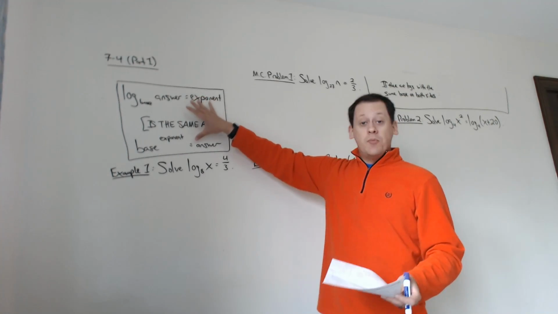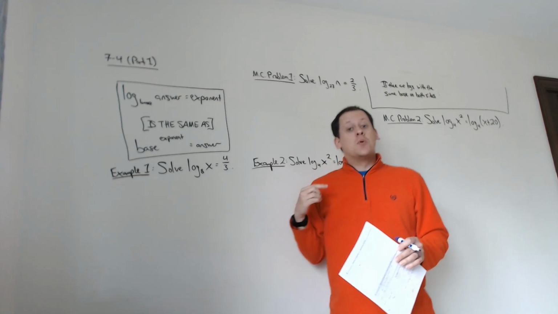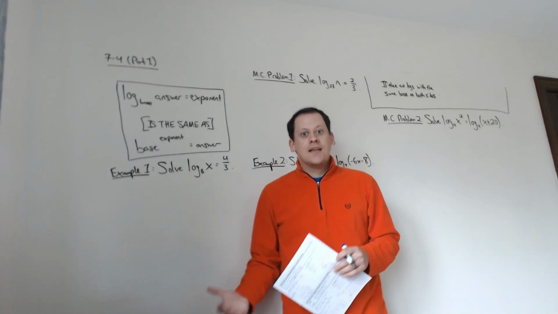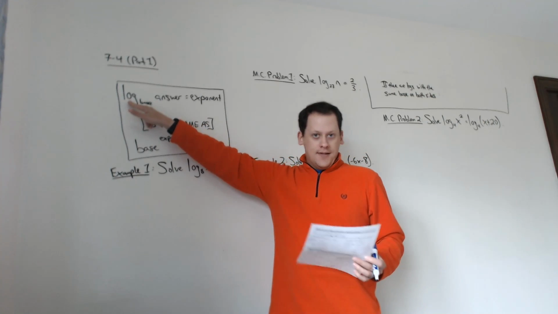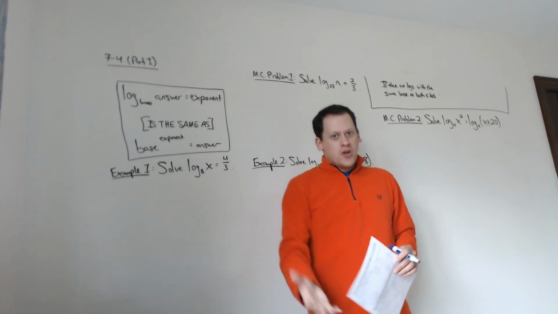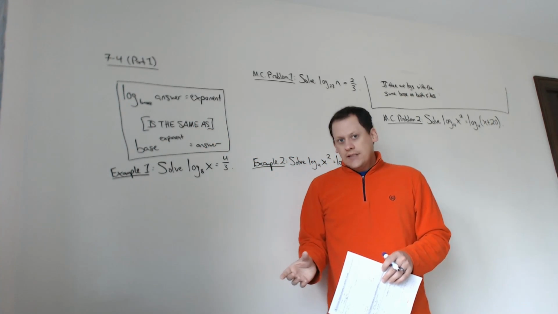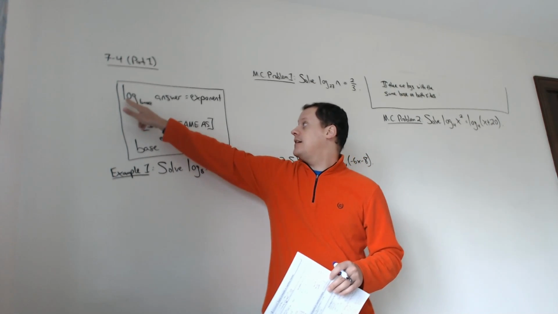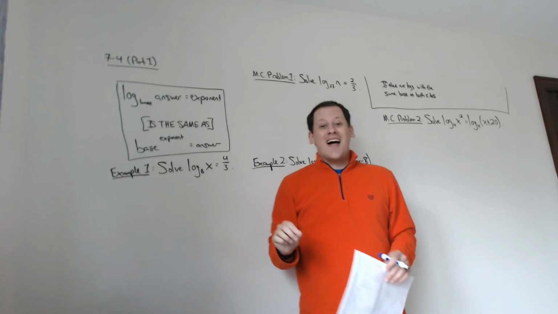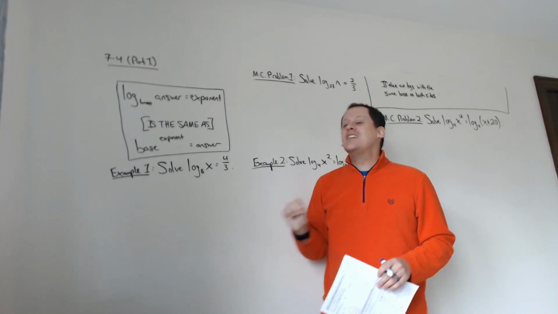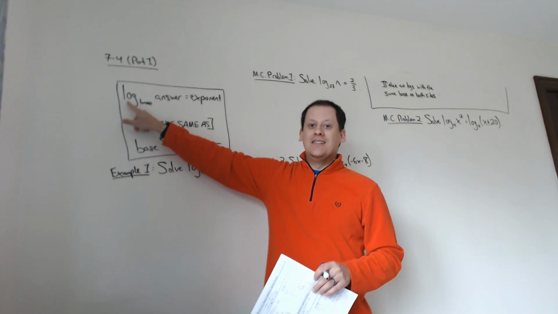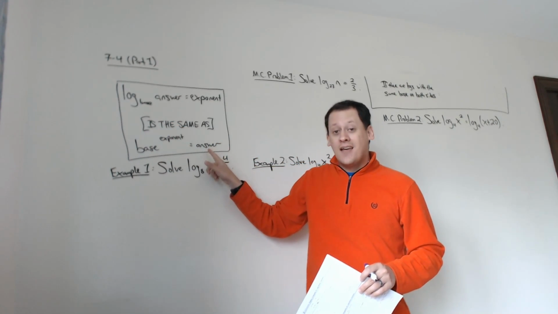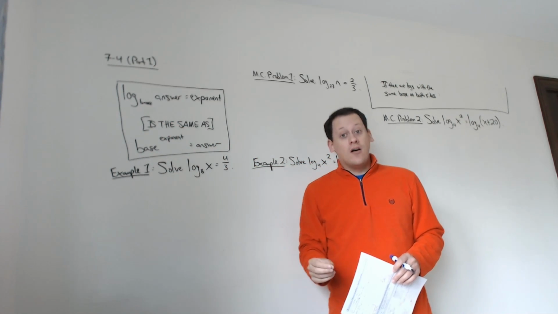This is going to come into play again here because what we're going to be doing is solving equations and inequalities that have logs in them. And what you're going to find is usually when we want to solve an equation that has a log in it, we want to get rid of that log because it's very difficult arithmetically to deal with these. So the fact that we can write it this way is going to come into play quite often.